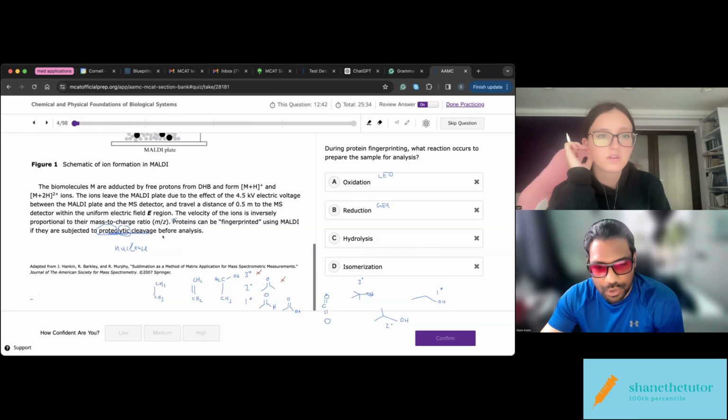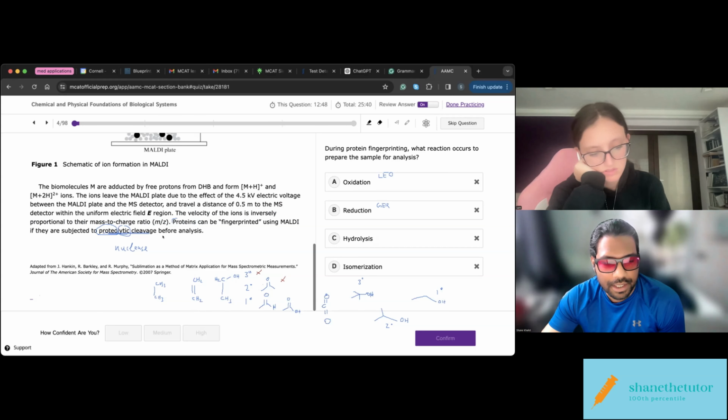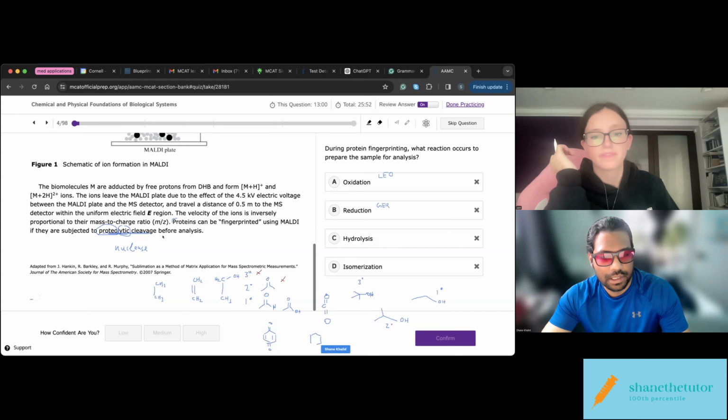So this is just a generalized oxidation pathway that can help us with questions like, let's say, something like that compared to this.